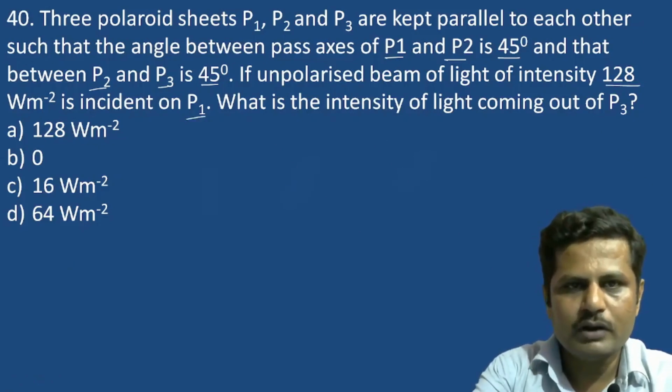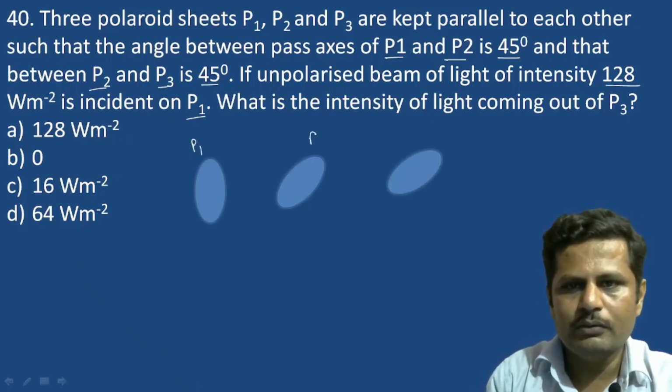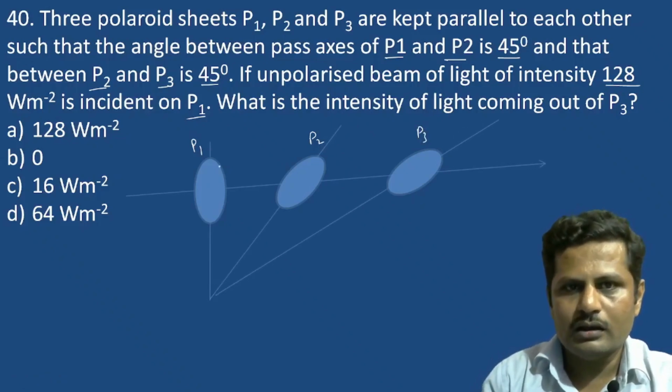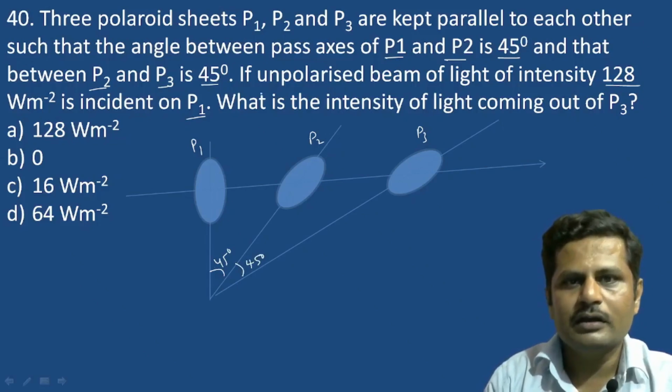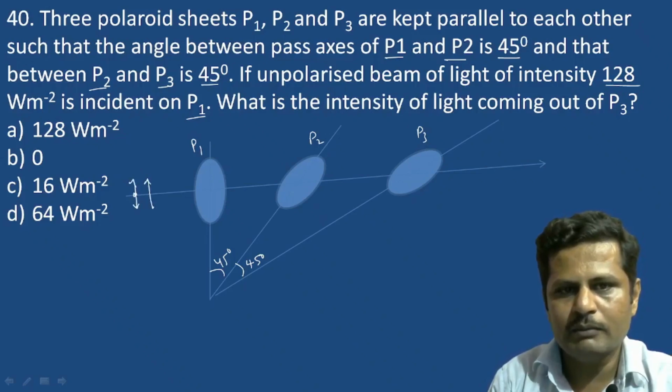Here we have three polaroids. Let me consider P1, P2 and P3, and here the angle between P1 and P2 is 45 degrees and the angle between P3 and P2 is also 45 degrees. Here we have unpolarized light of intensity I, which is passing through the polaroid P1.